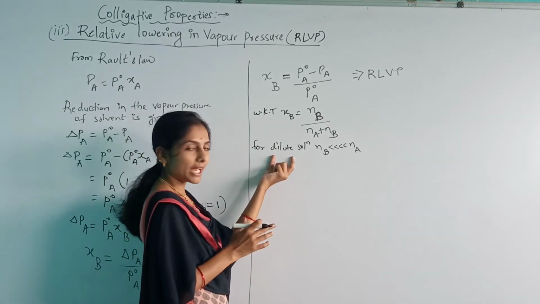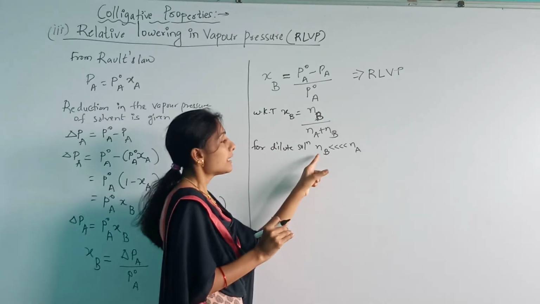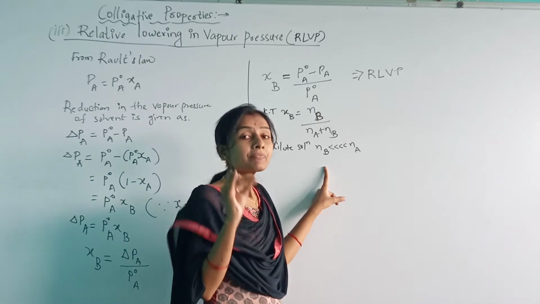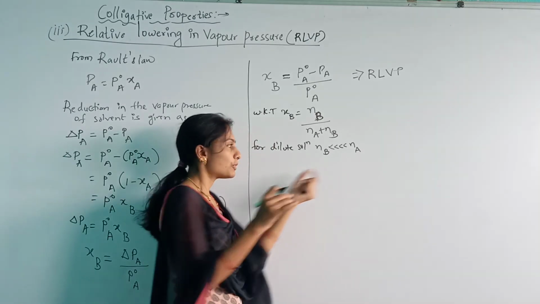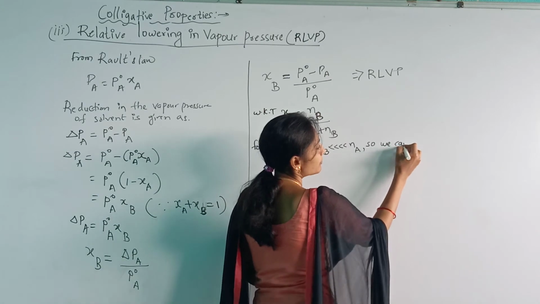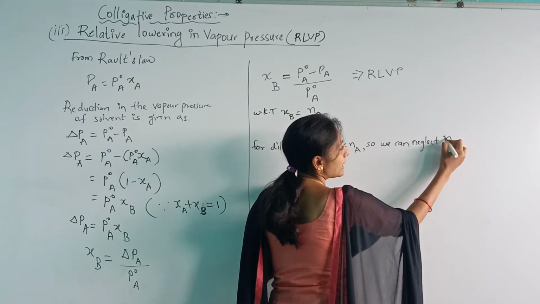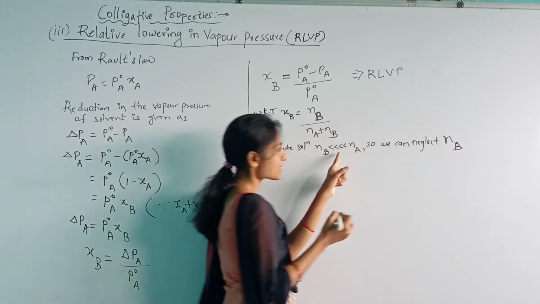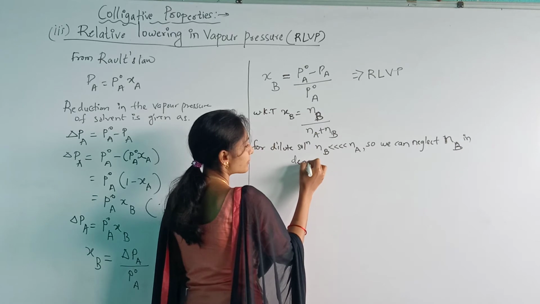So the number of moles of solute will be negligible compared to the number of moles of solvent. So we can neglect NB in the denominator.